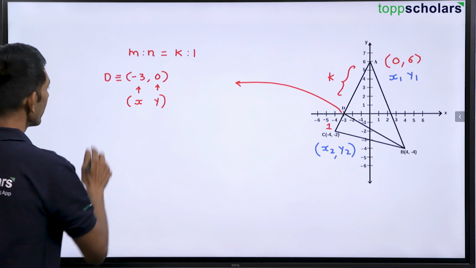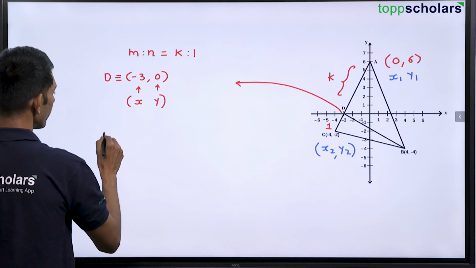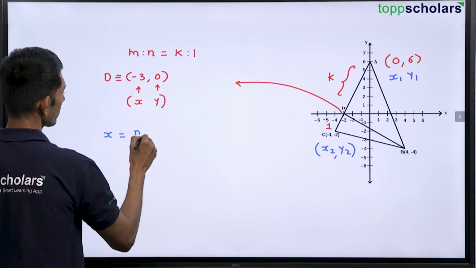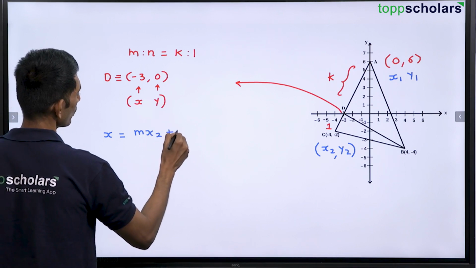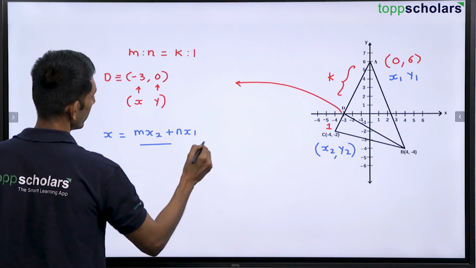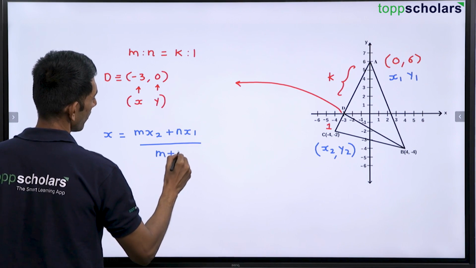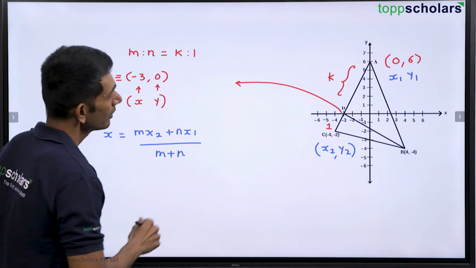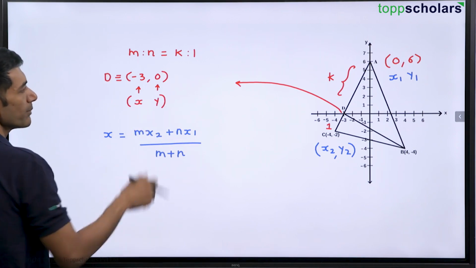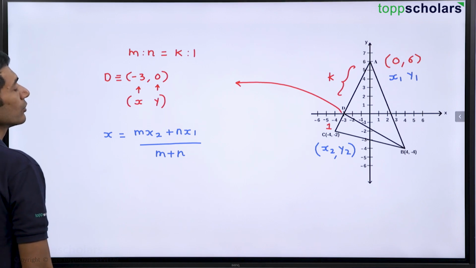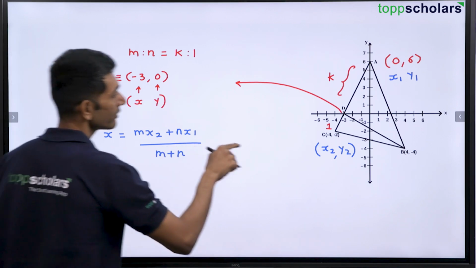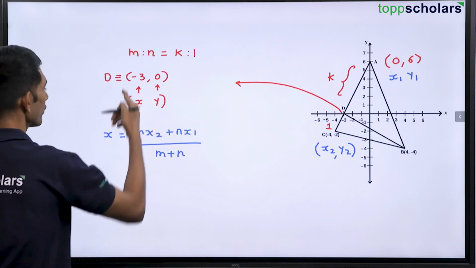Now tell me one thing. If I go with the formula for x, what is it? X is equal to mx2 plus nx1 by m plus n. So x is what? X is this here, which is minus 3.